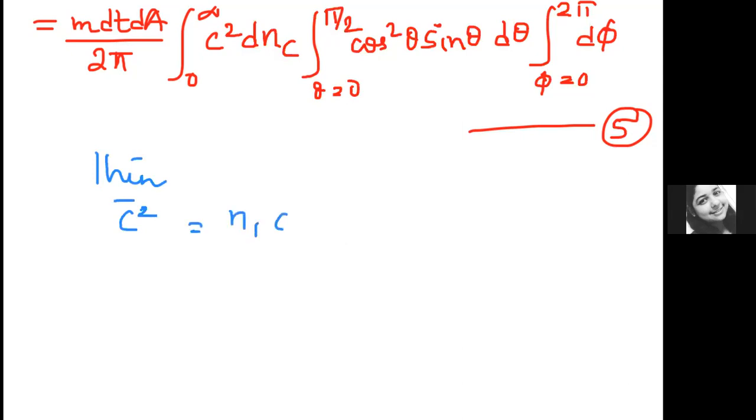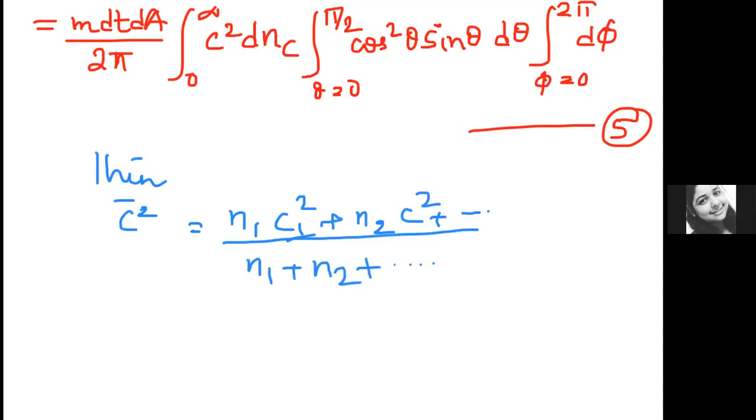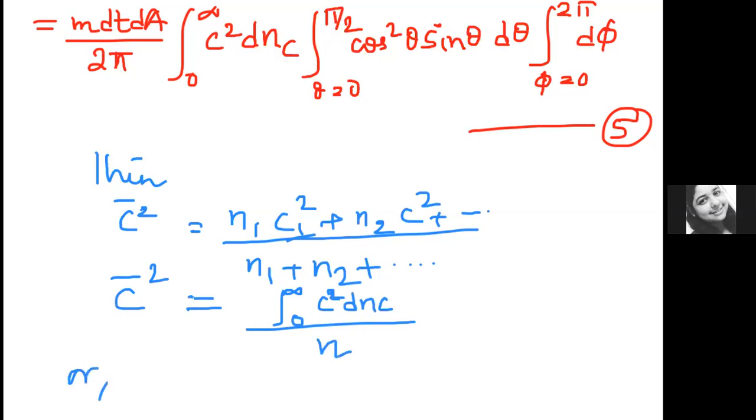N1 C1 square plus N2 C2 square plus so on, divided by N1 plus N2 plus so on. What we can write over here, c bar square is equal to the integral from 0 to infinity of c square dnc, by N, or just cross multiplying, N c bar square is equal to the integral from 0 to infinity of c square dnc.